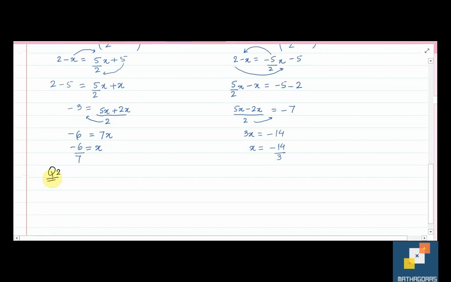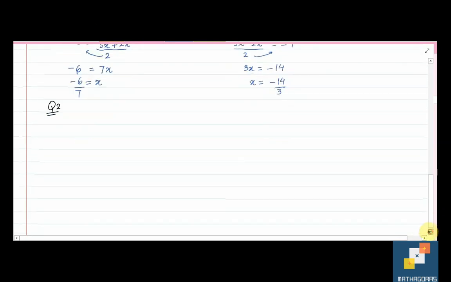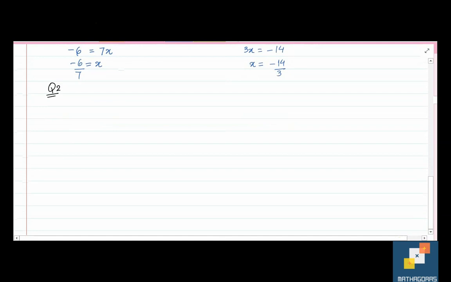The question says solve the simultaneous equations and two modulus functions are given. y is equals to modulus of x minus 5 and y is equals to modulus of 8 minus x. You need to solve the equation simultaneously.